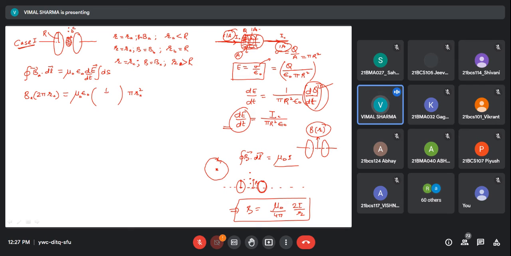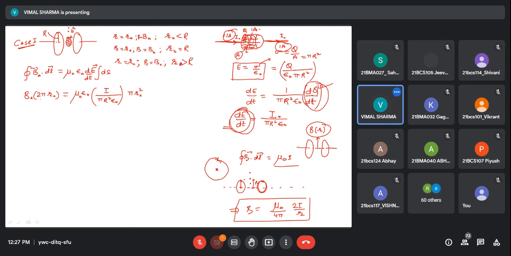And what is the expression for d by dt of E? It is what we have written here. It is equivalent to the conduction current I, divided by pi R squared epsilon naught.